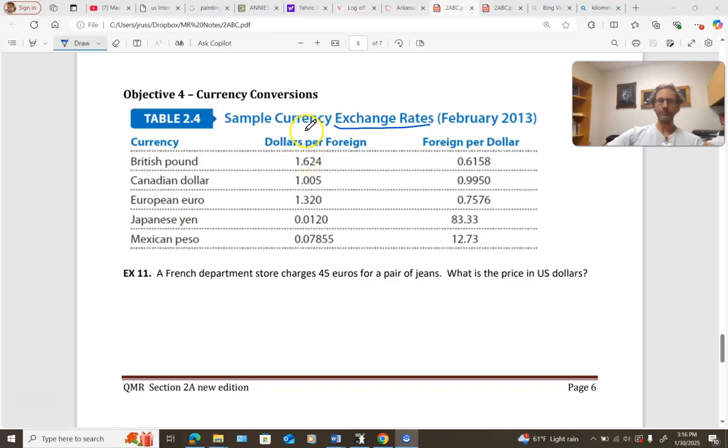But anyway, here's a little chart like you're going to see in your homework. And I want to explain this for a second. This chart contains your conversion factors. But the way you have to read this is, for this first row, this means that 1 British pound is equal to 1.624 dollars.